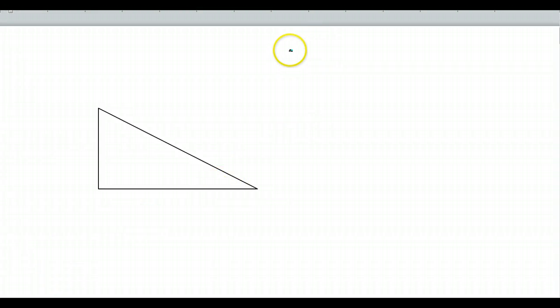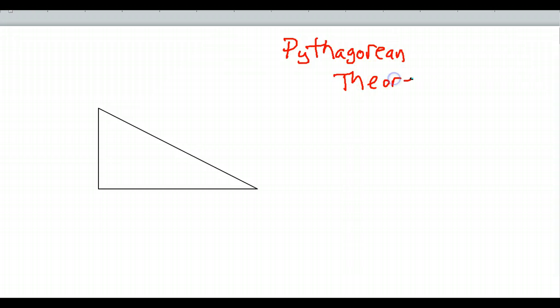Okay, before we get started, I need to remind you about the Pythagorean Theorem. Right? Usually when I say the Pythagorean Theorem, somebody says, oh yes, I know what that is.